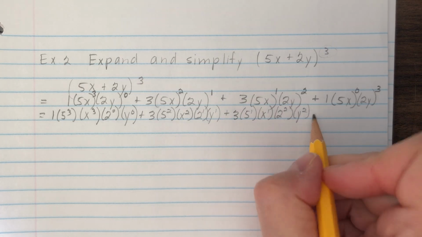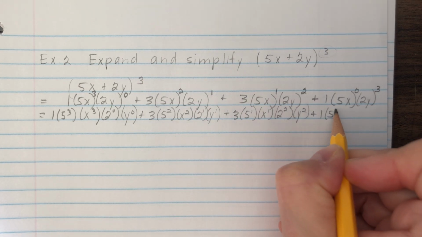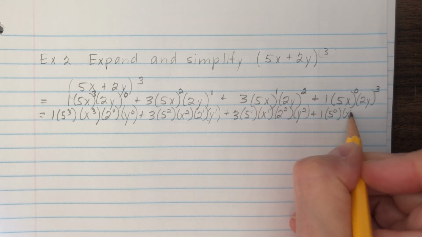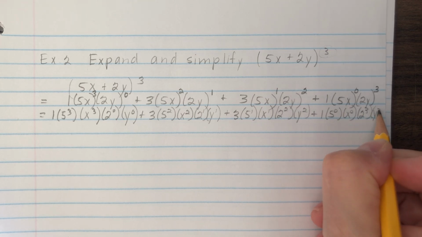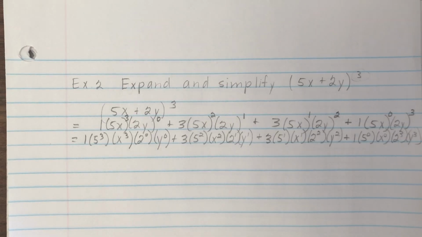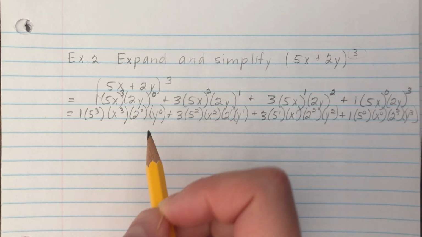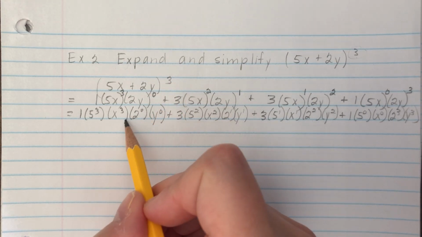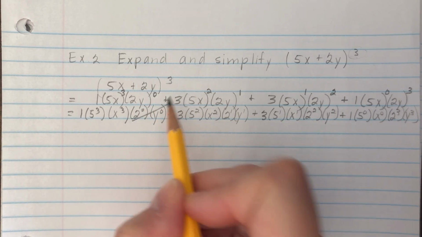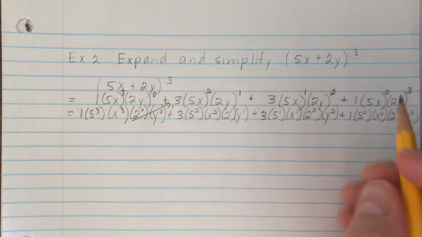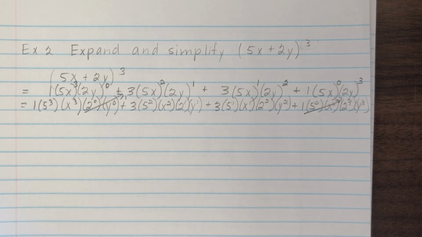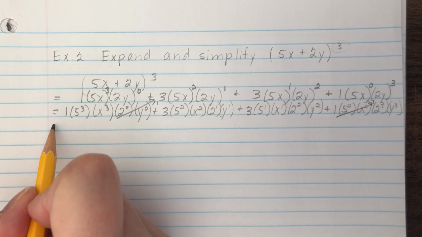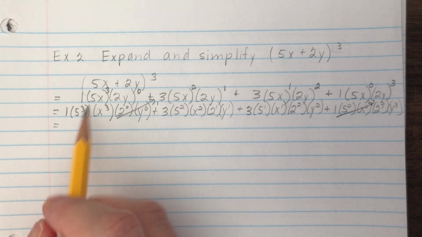And finally, I'm going to have 1 times 5 to the 0 times x to the 0 times 2 cubed times y cubed. Okay. And anything raised to the exponent 0 will equal 1, so we can just cross them out and put 1 in their place.